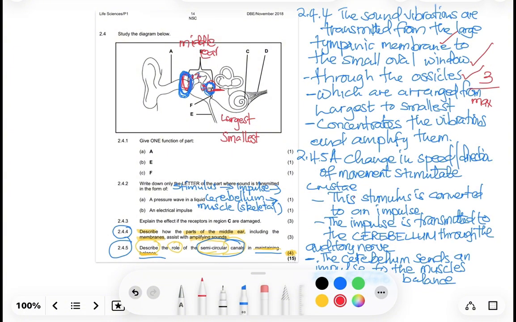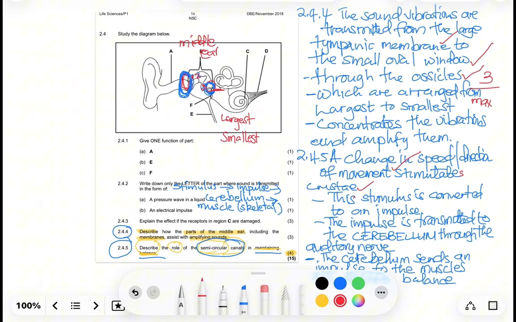And then question 2.4.5 is asking for the process of maintaining balance presented logically, right? So it starts with the stimulus, a change in speed or direction of movement. That's our marking point, right? Then what does this change do? It stimulates the crista, right?